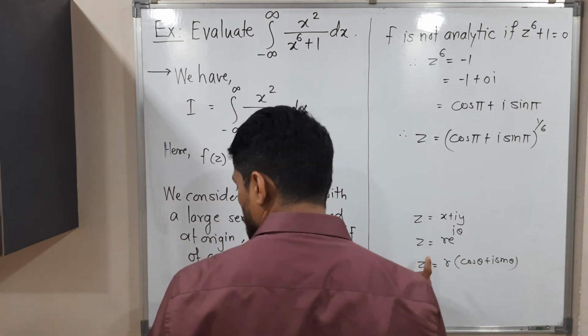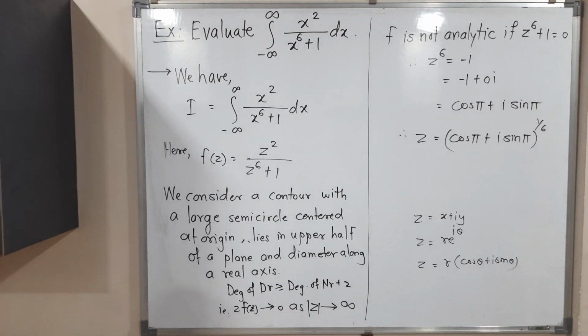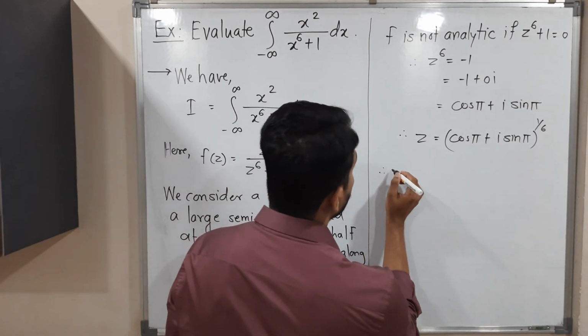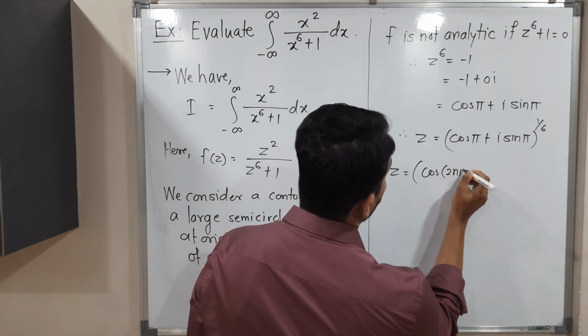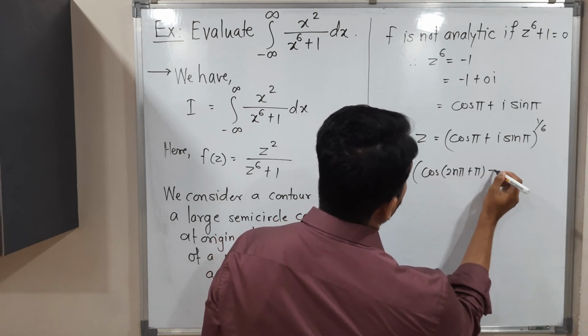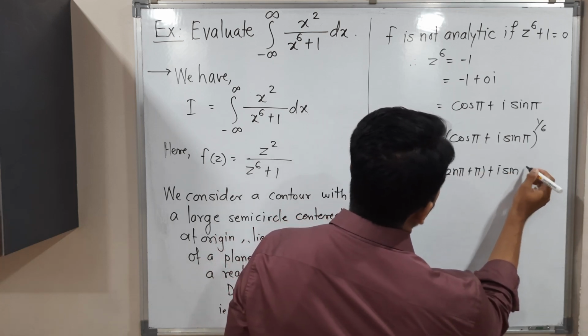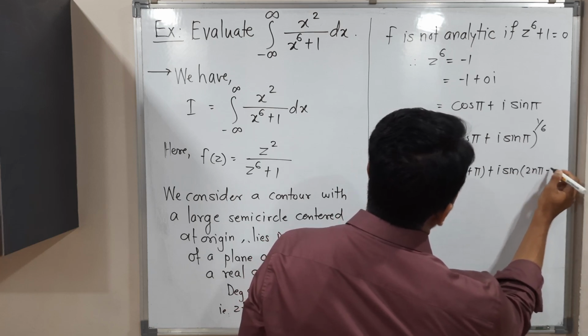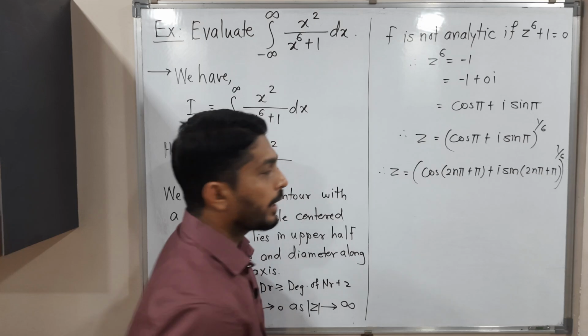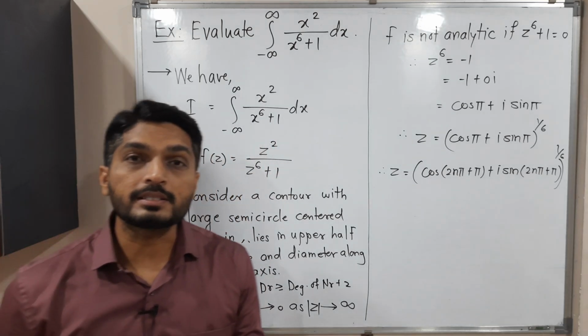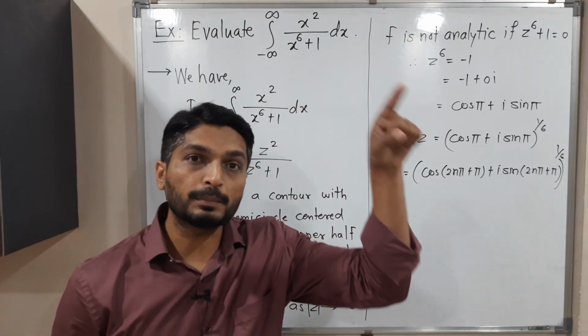Let me remove this part, so we will have some more space to write. After that, I will write z is equal to (cos of (2n pi plus pi) plus i sin of (2n pi plus pi)) raised to 1 by 6. 2 pi means 360 degrees, that means 1 complete circle.